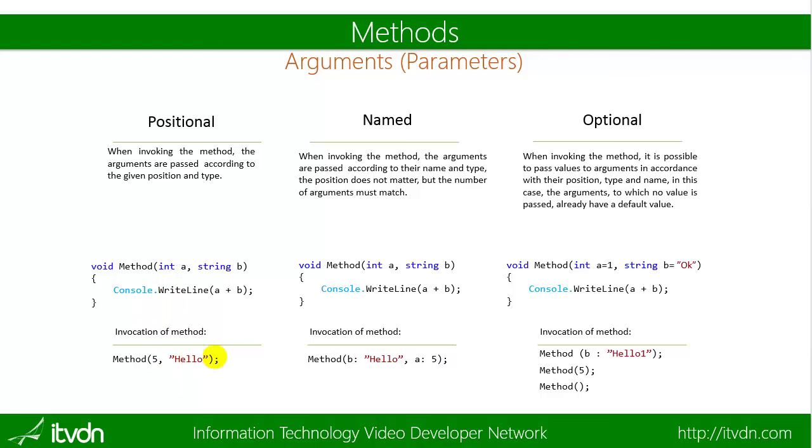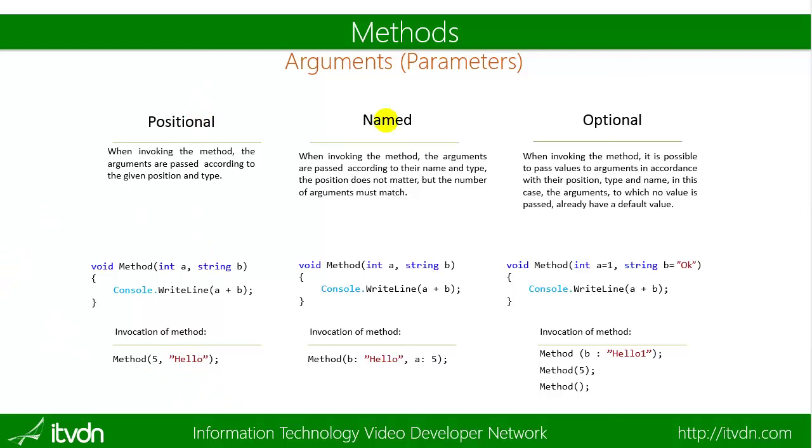Then "hello," which is your string type, you have to put in the second position. When you change their positions, it won't work in the positional type. So you have to put them according to their positions. Here you have A plus B, so we're going to get 5 hello.